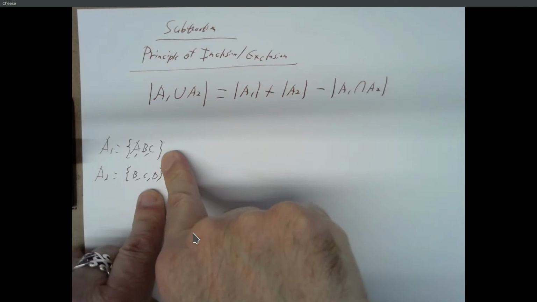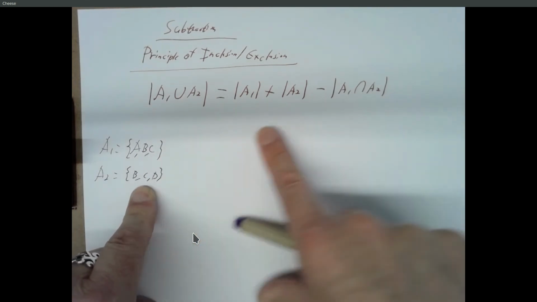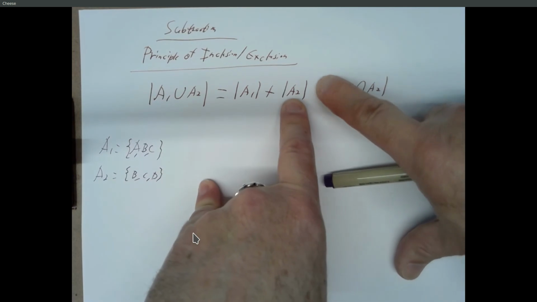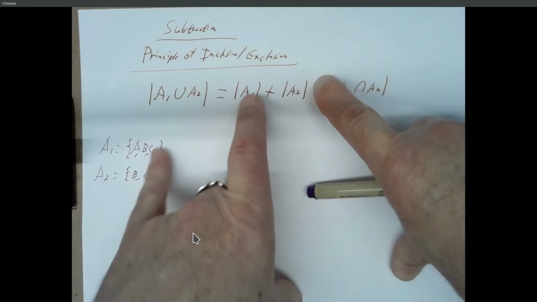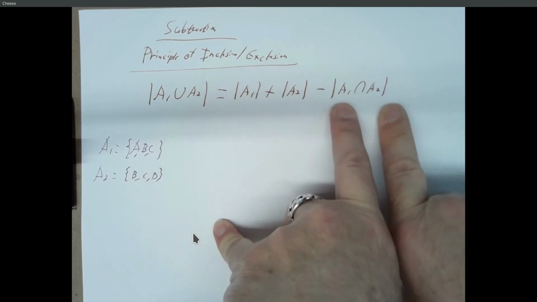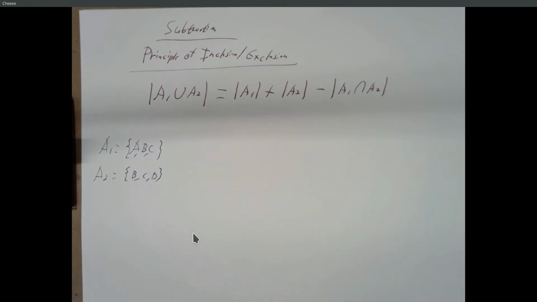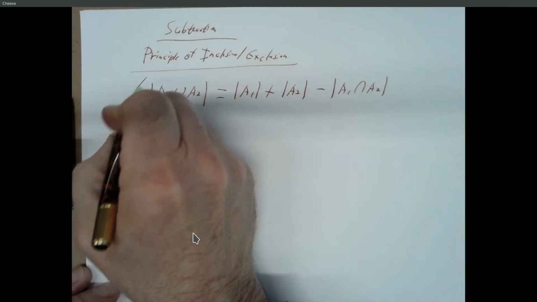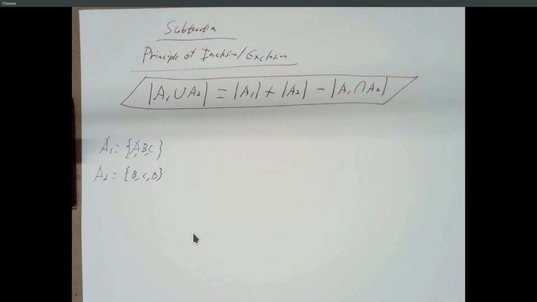However many elements are in common between these, in particular B and C. So if we just add the number of elements in these two sets, we've added too much. We need to subtract off the number of things that overlapped. That's the cardinality of the intersection. So this is a factoid that we can rely on, but it really captures the whole idea of this principle of inclusion-exclusion.